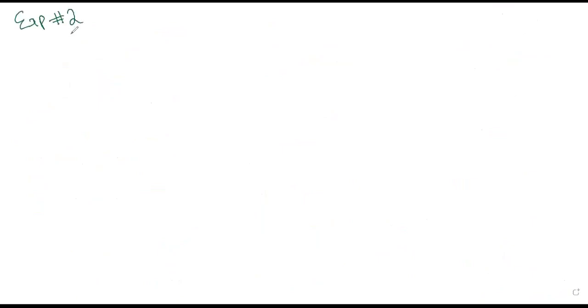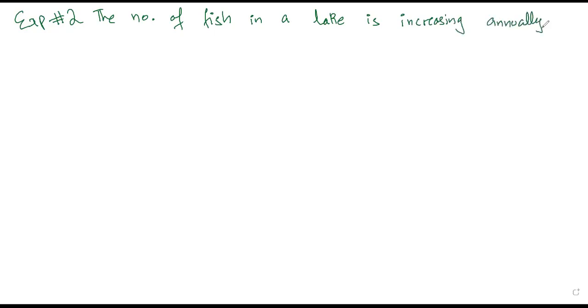Example number 2. The number of fish in a lake is increasing annually.